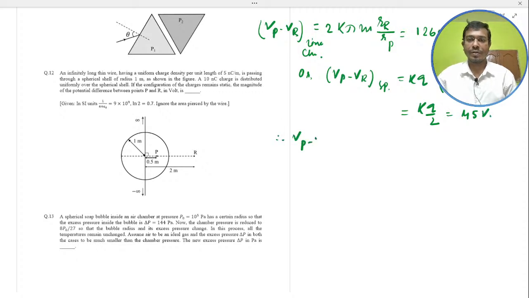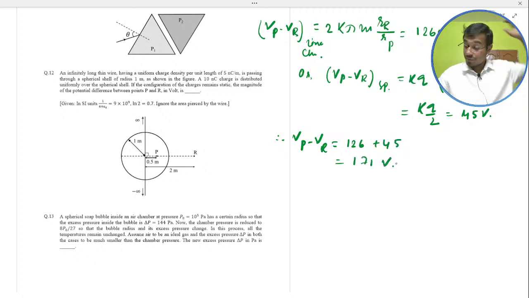Therefore Vp minus Vr is nothing but 126 plus 45, which is equal to 171 volt. 171 would be the correct answer. 171. Okay.